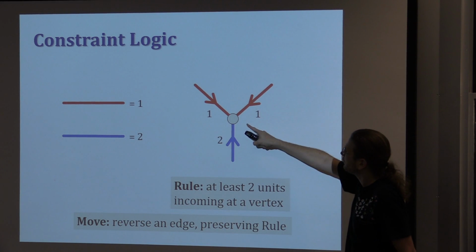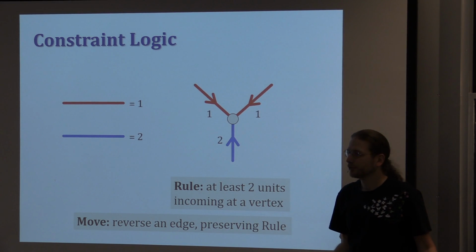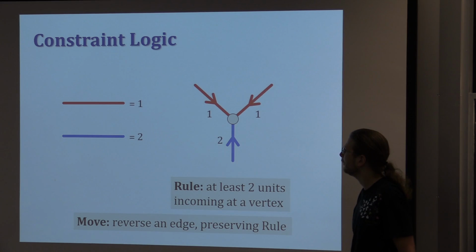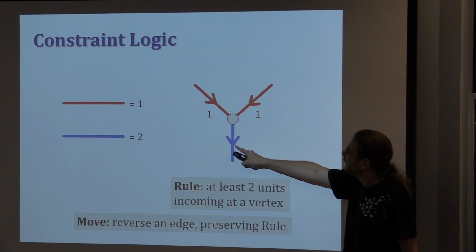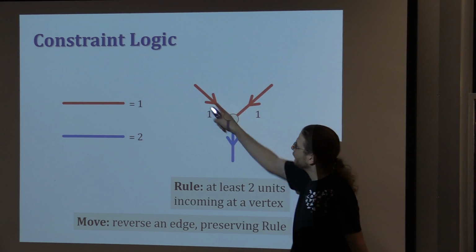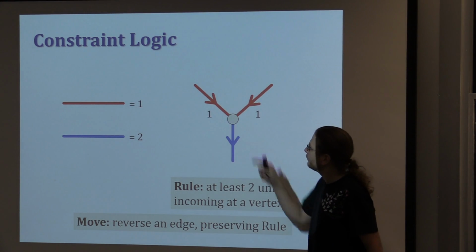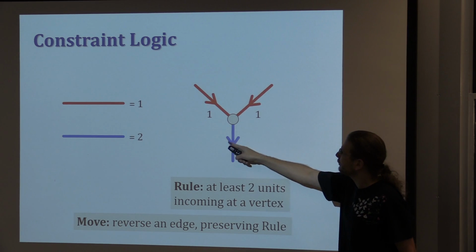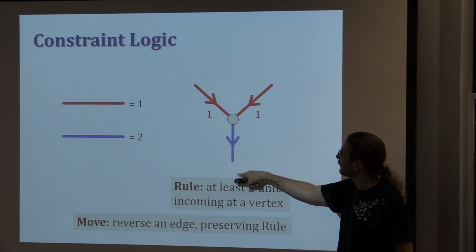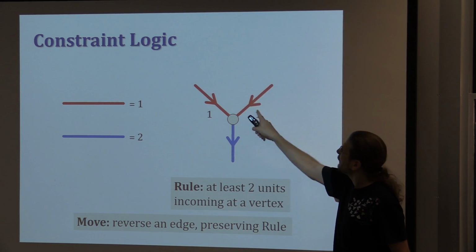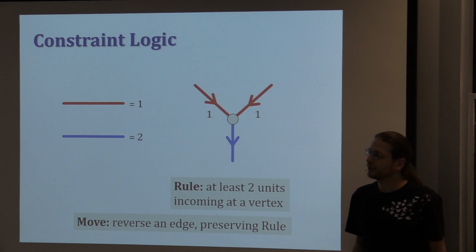So now we have a total incoming weight of 4. 4 is also greater than or equal to 2, so that's a valid move. Now we could also reverse this edge. We couldn't before. If we had done it in the beginning, there would only be a weight of 1 coming in. But now that we have these 2 units of weight coming in, we can redirect this, at least local to this vertex. It'll only make this vertex happier. The validity of this move depended on what that vertex looked like.